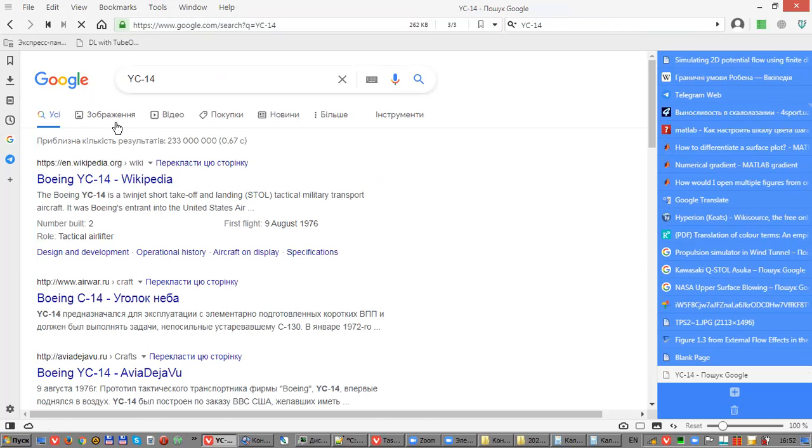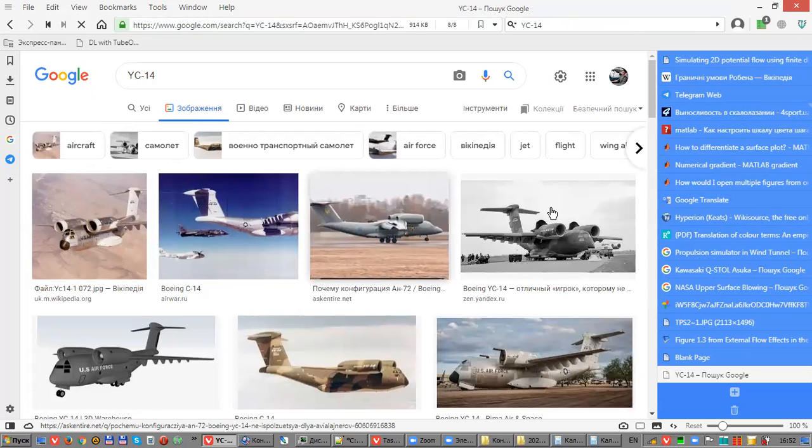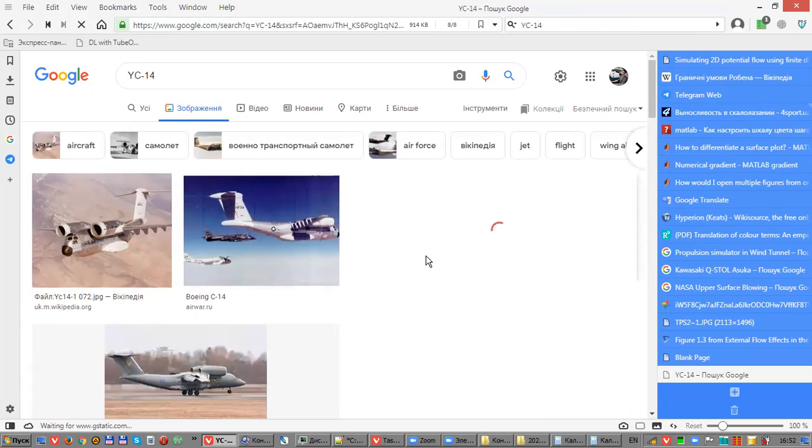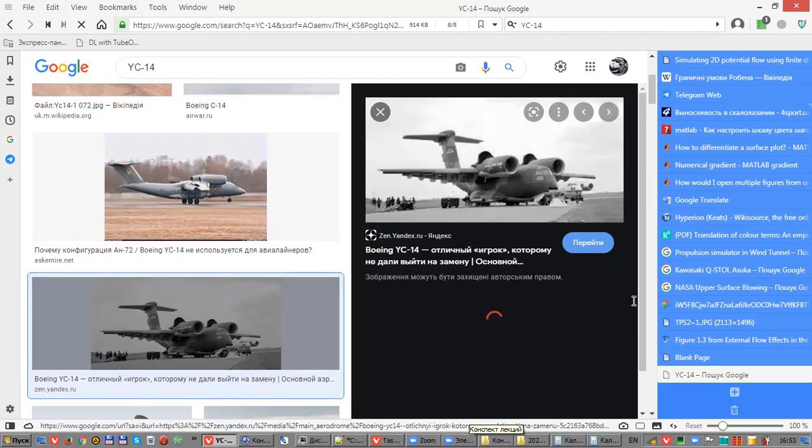It's pretty similar to the Antonov 72 configuration. Two big engines, T-tail configuration, different flaps between inner and outer sections. This aircraft was designed to replace the Hercules aircraft C-130.